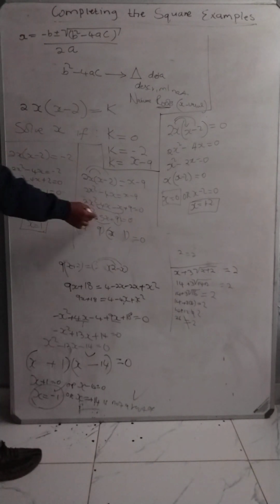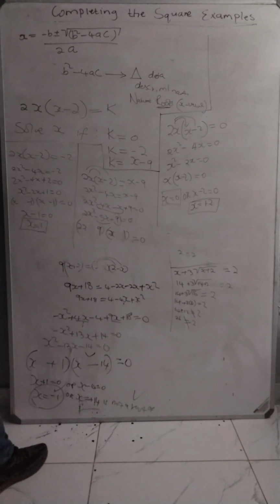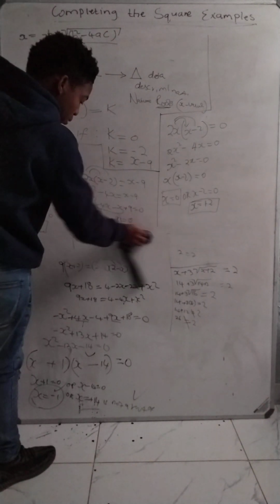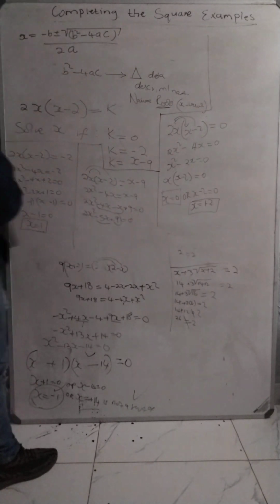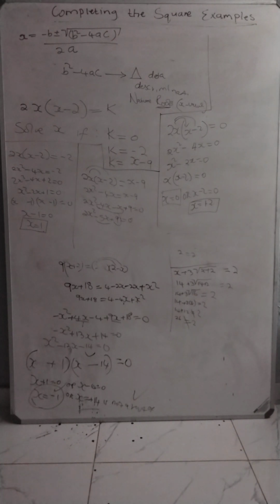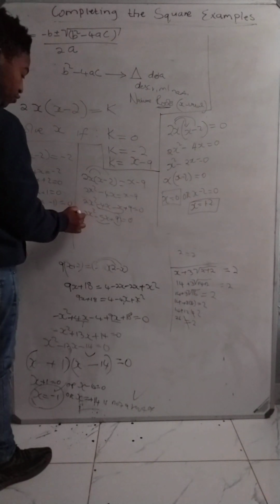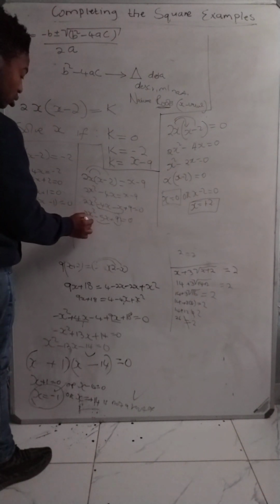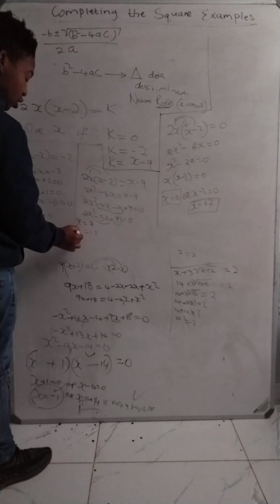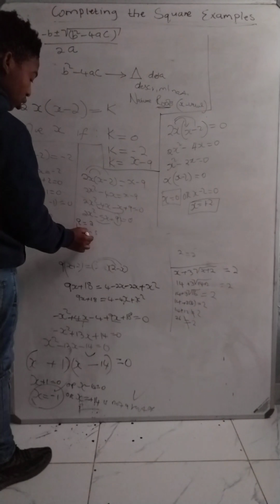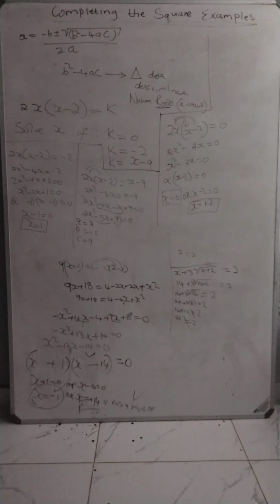So if you come across an expression like this, you go on and plug in your quadratic formula. You use your quadratic formula. So you'll have your A equals 2, your B equals -5, and then your C equals +9.